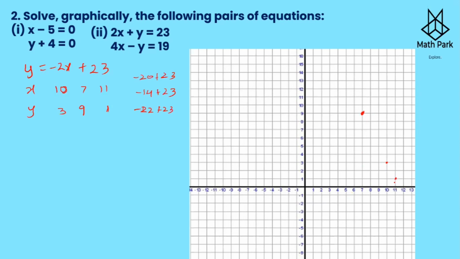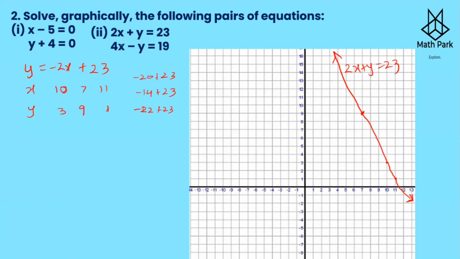So this is how this line, let us draw the straight line with the help of a ruler. So this is our graph for the line 2x plus y is equal to 23. We are done with one line. Let us start with the second one.